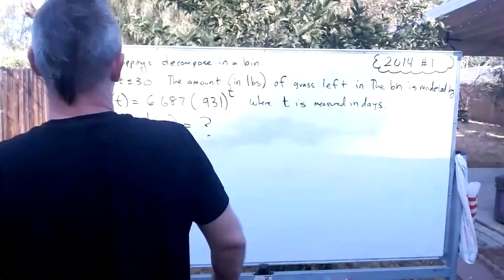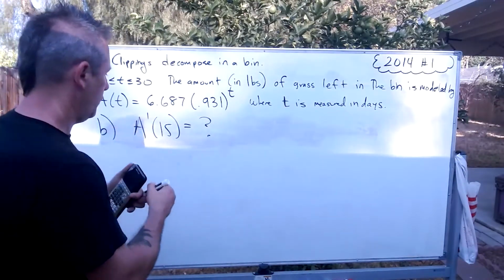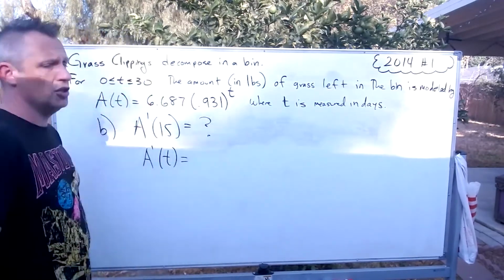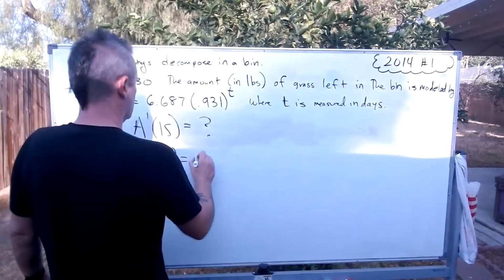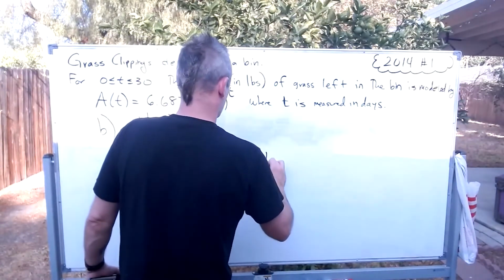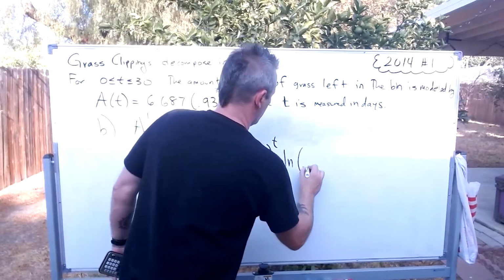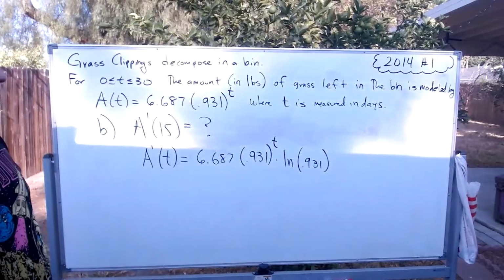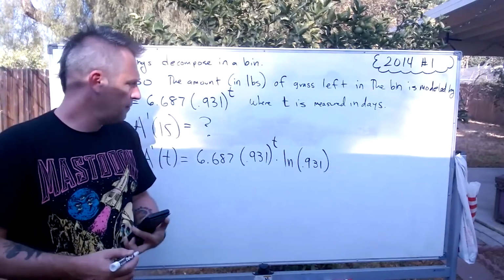But ultimately, we're being asked to take a derivative of an exponential function. For fun, I'll show you what this is very quickly. What A prime of t is. A prime of t in general is going to be, since this is an exponential function, 6.687 times 0.931 to the t times the natural log of 0.931. So ultimately, what you're going to do is plug 15 into this, but actually it's very much easier than that.